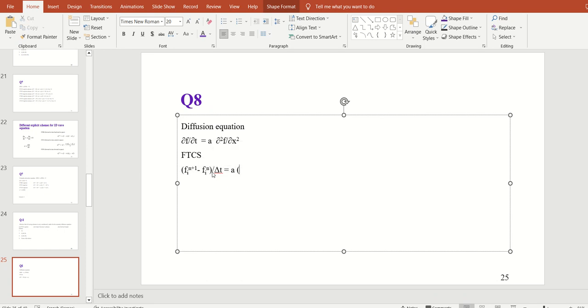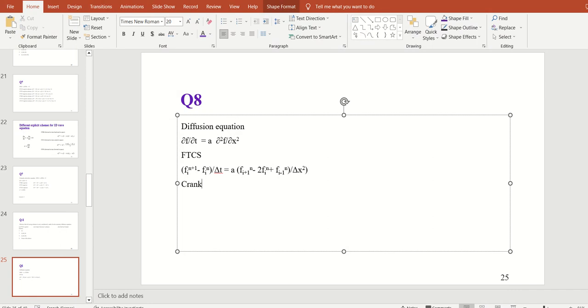Since it is an explicit scheme, the time step would remain constant: f i plus 1 at the nth time step minus 2 f i at the nth time step plus f i minus 1 at n, divided by delta x square. This is forward time central space.